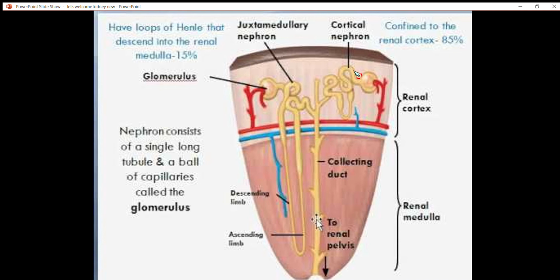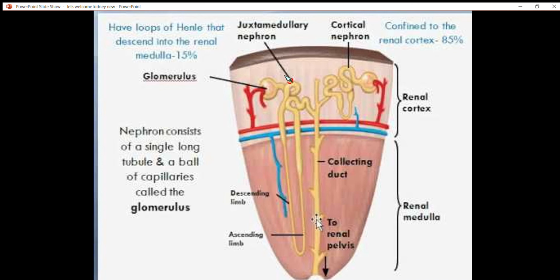In this picture you can understand that this loop of Henle is quite different from this loop of Henle. Actually, there are two types of nephron. Some are known as juxtamedullary nephrons, which are found very near to the medulla, and their loop of Henle is quite long.